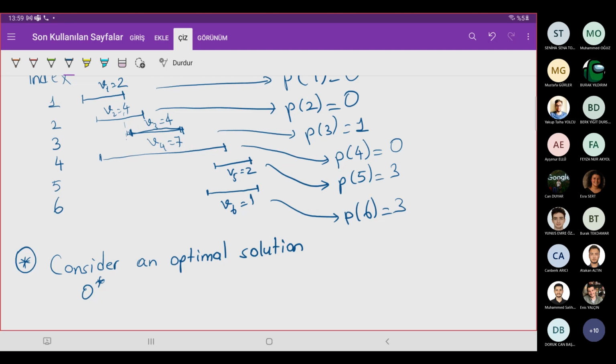I'm not looking at all the possible cases; I'm talking about a solution. Let's say that I have intervals from 1 to n ordered, just like in this figure. Think about the last interval in this ordering according to finishing times.